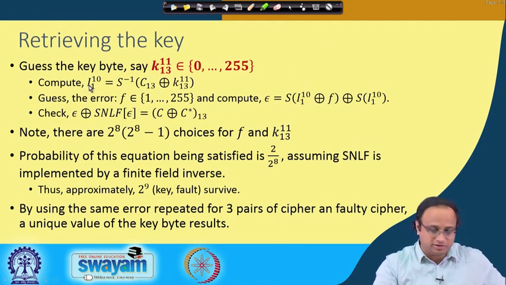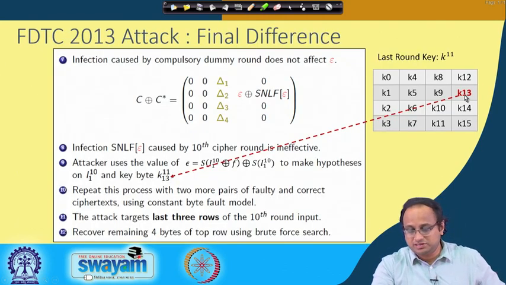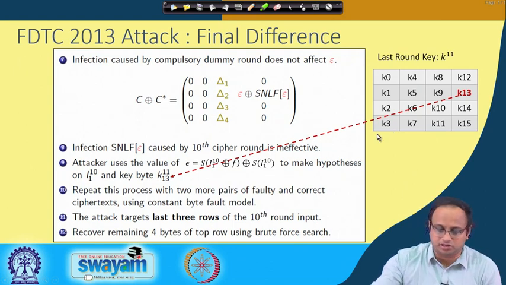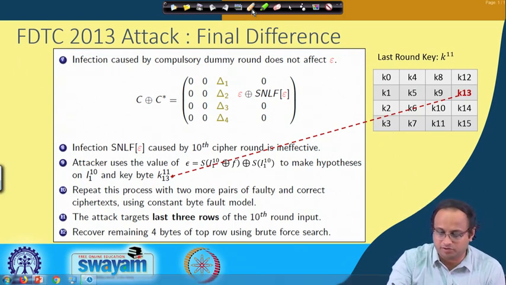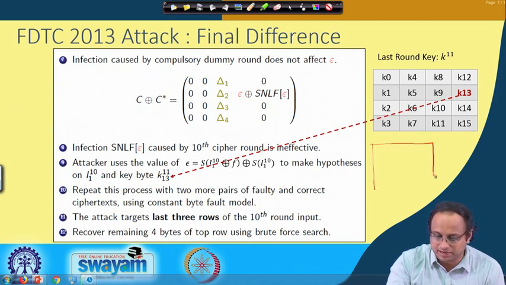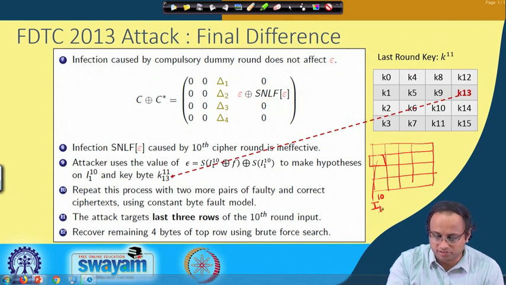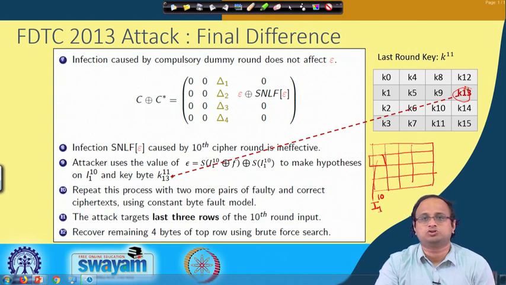One of the reasons why there is a relationship between this key byte and the I110 position is quite straightforward. If you consider the state matrix, I am talking about this position, which is referred to as I1, and 10 stands for the round. One of the reasons we use this along with this key byte is the shift rows operation.